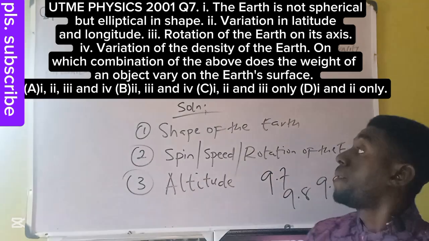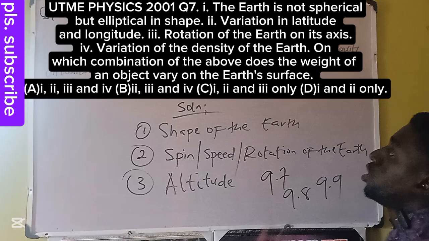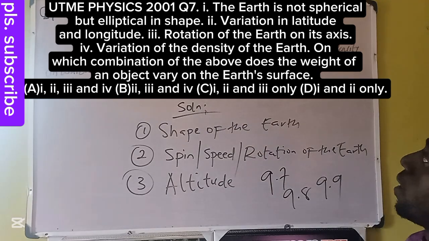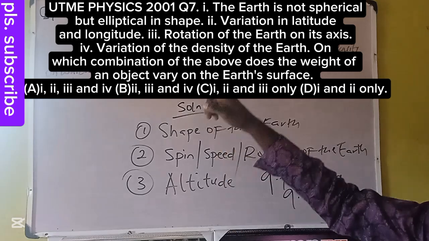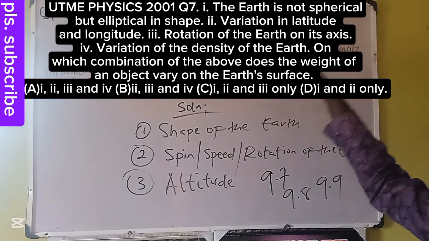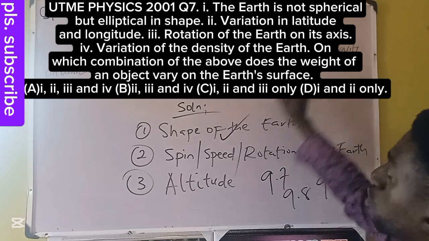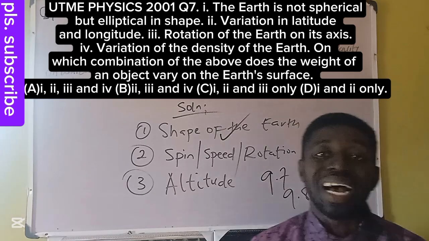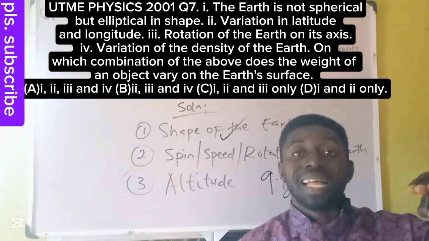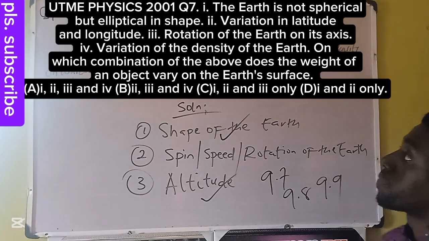Then let's go to the options and see the combination that suits these three conditions or variables. I says the earth is not spherical but elliptical in shape. You can see I is making reference to shape. Then II, variation in latitude and longitude. Latitude and longitude are synonymous to altitude. There are different levels on the earth's surface. So it talks about altitude, correct?